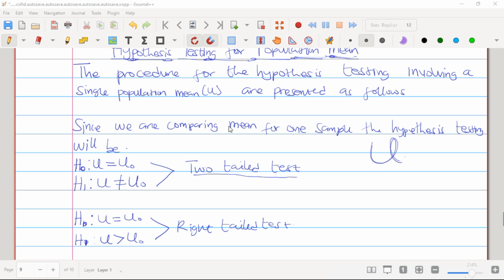Since we are comparing the mean for one sample, the hypothesis testing will be that, right? So we have to learn how we can set our hypothesis for the population mean. The reason why we are using mu here is that we are setting a hypothesis test for the population mean, and here the population mean is represented by mu.